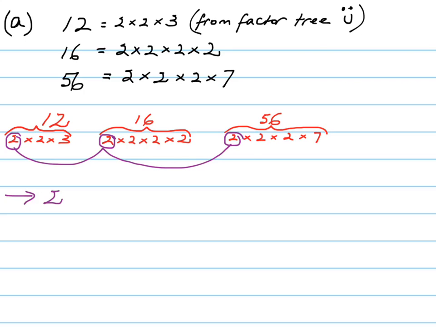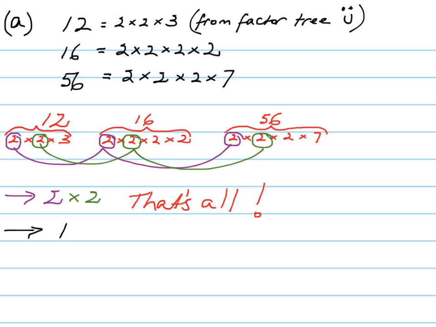Now, I can see another 2. Yes, that's in common as well. But I don't think there's anything else in common. Can you see anything? No, I can't see anything. So I think we've reached the end of the line, and therefore our highest common factor is 2 times 2, or 4.